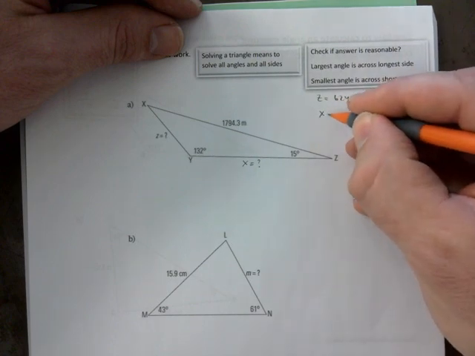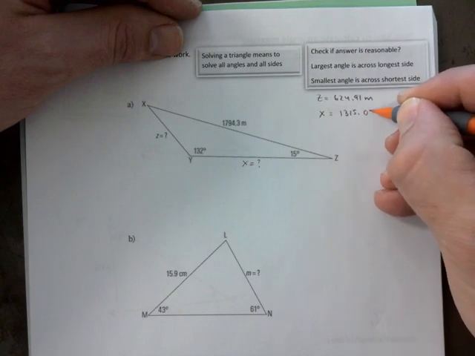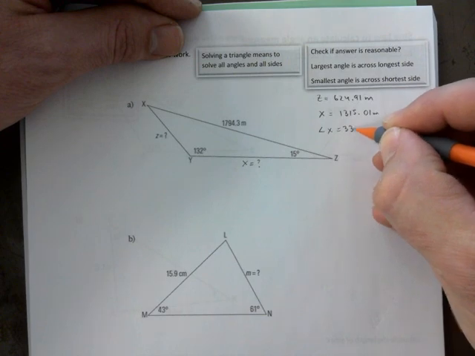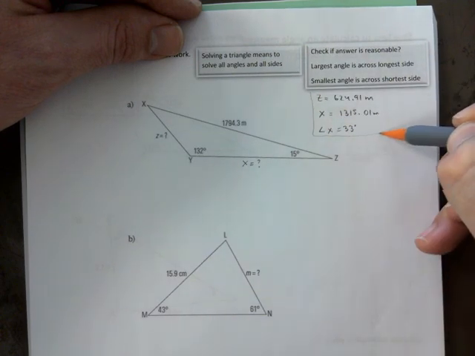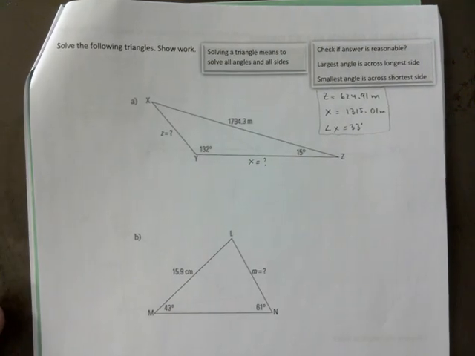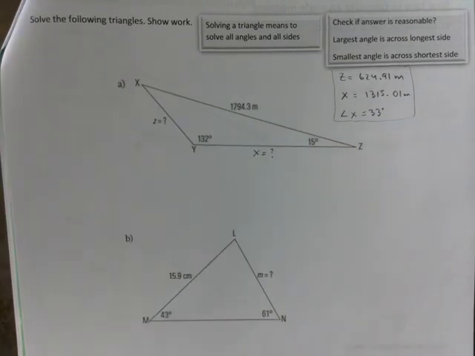And side X is 1315.01. And angle X is 33 degrees. So now you know. I will give you all the other ones later as well. But take some time, take 5, and make sure you know how to do A on your own. Okay?